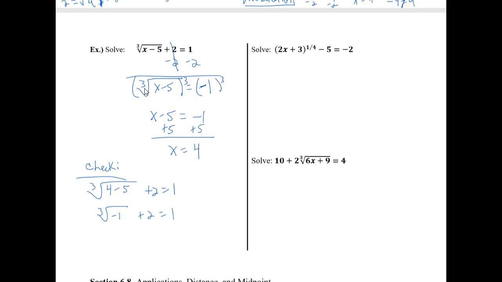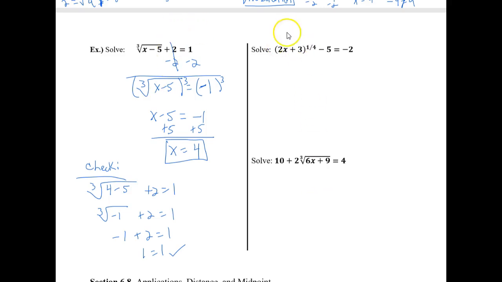And the cube root of negative 1, that's okay because it's an odd root, would be negative 1, because negative 1 times negative 1 times negative 1 gives us negative 1. And then negative 1 plus 2 is positive 1, which does in fact equal 1. So there's our solution, x equals 4.